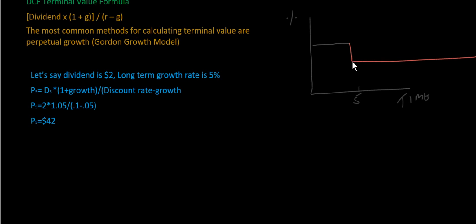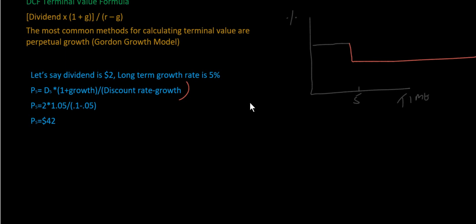When the company's growth becomes constant till perpetuity, we compute the terminal value. The formula is P5, that is when the company's growth becomes constant, P5 equals this year's dividend into 1 plus g upon r minus g, that is my discount rate minus my growth.